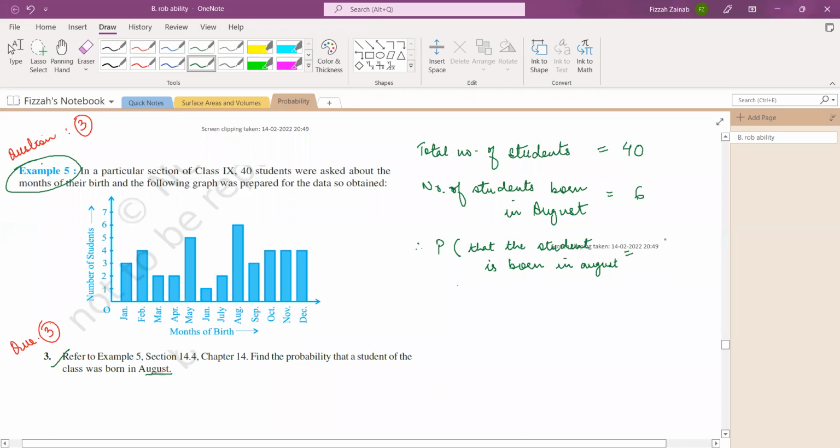So that is equal to 6 divided by 40. Yeah, you can reduce it to 3 by 20, right? Yes, ma'am. Okay.